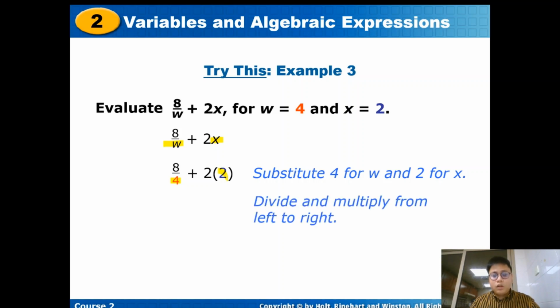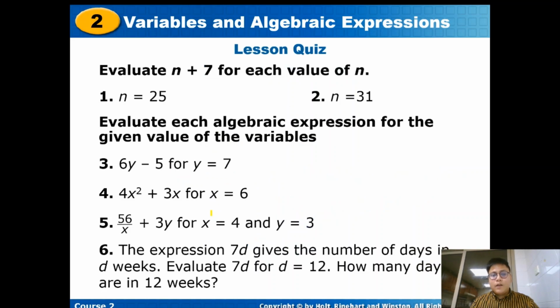Again, divide and multiply from left to right, or you can do it at the same time. 8 divided by 4 gives you 2. And 2 multiplied by 2 will give you 4. Okay, I'll repeat. 8 divided by 4 gives you 2. 2 times 2 gives you 4. And add, so the answer is 6.